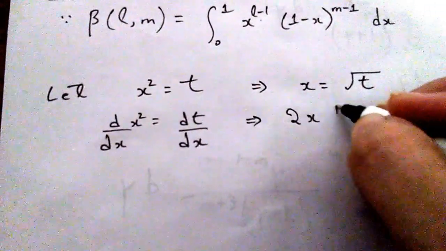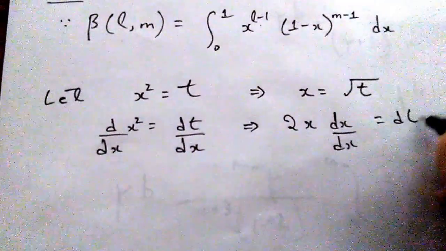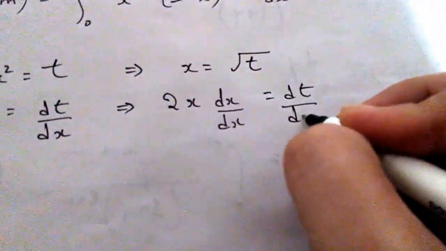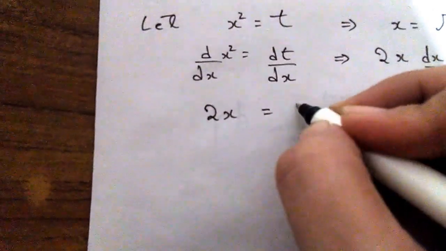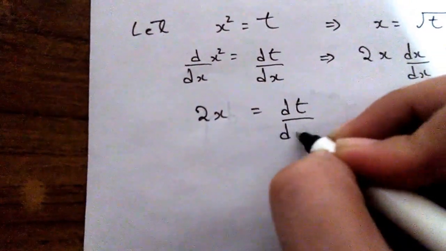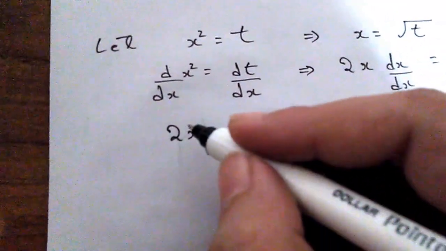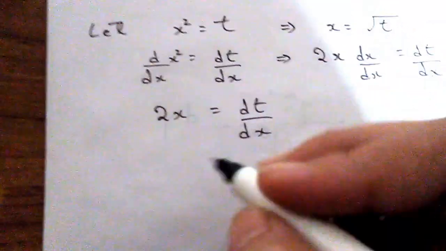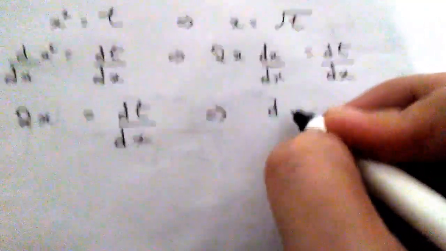So dx square upon dx equals dt by dx, which gives 2x equals dt by dx, and you need the value of dx only. So you shift this dx over here, and 2x will come in the denominator.